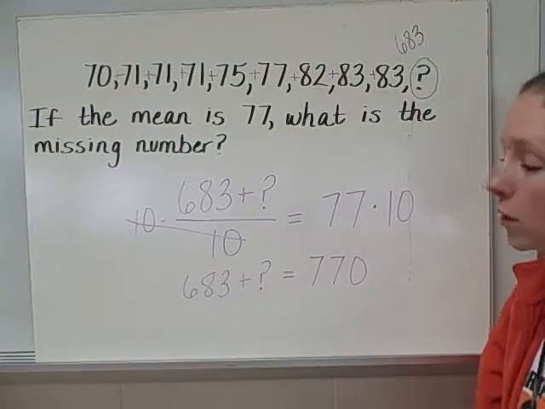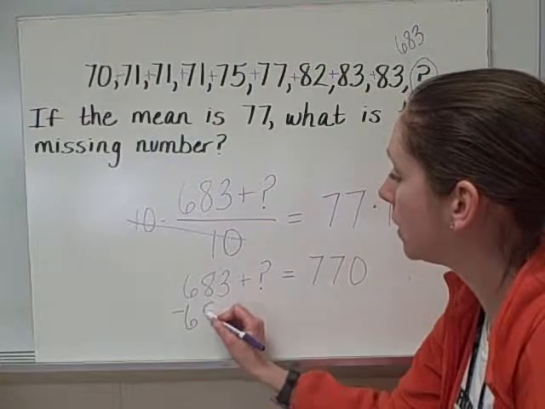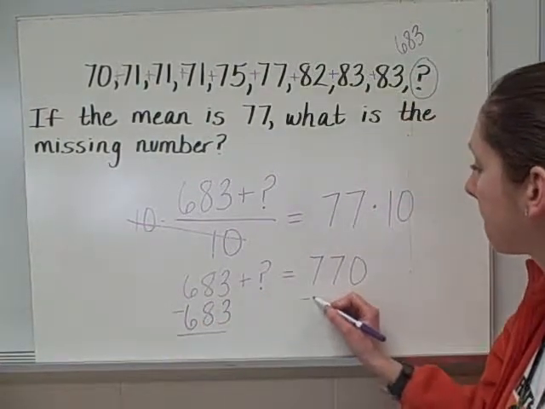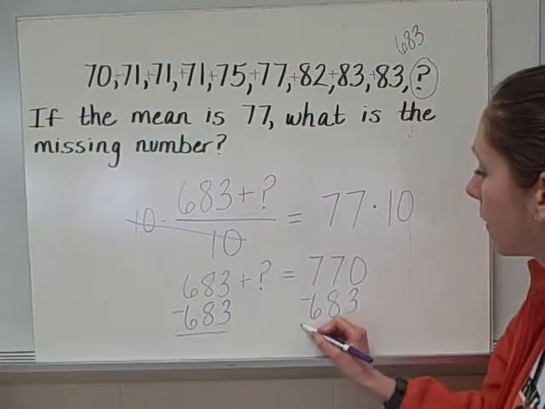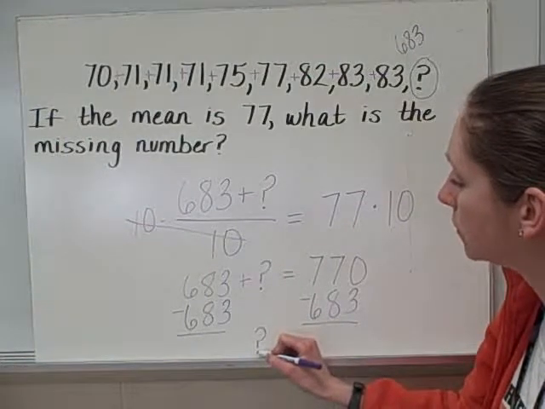One more step to get the question mark by itself. Subtract 683 on both sides. And our mystery number is equal to 87.